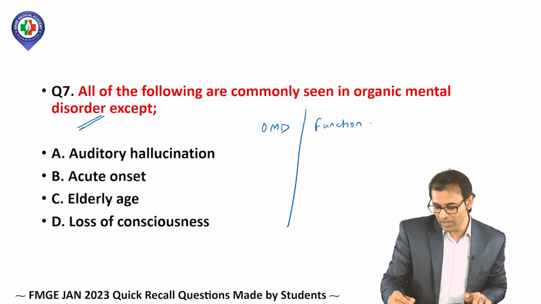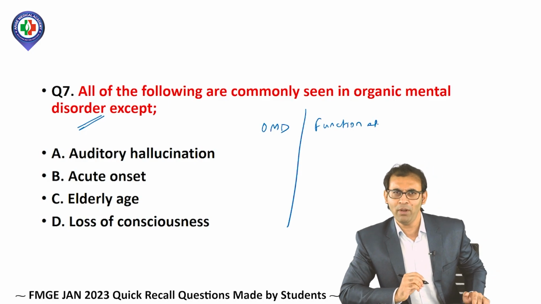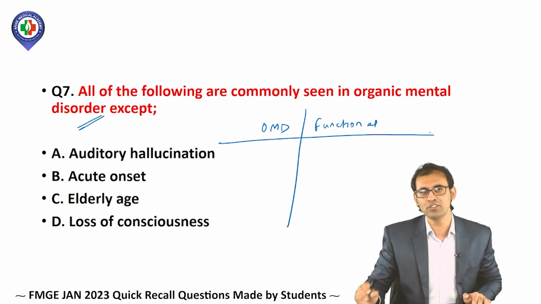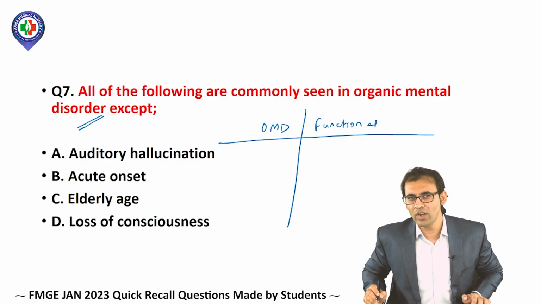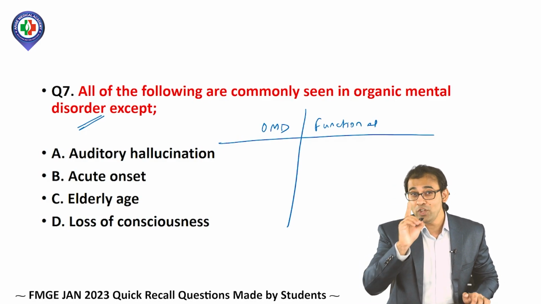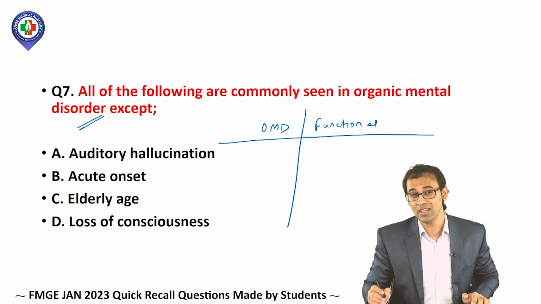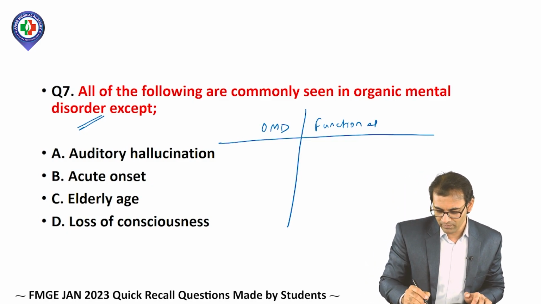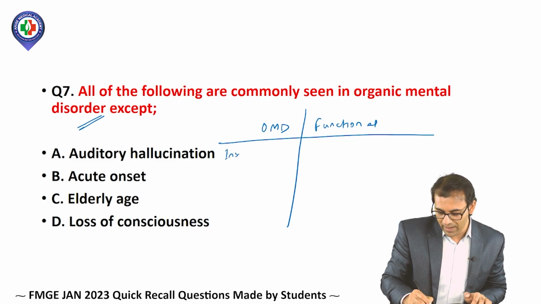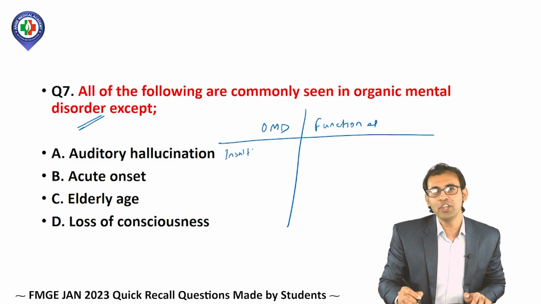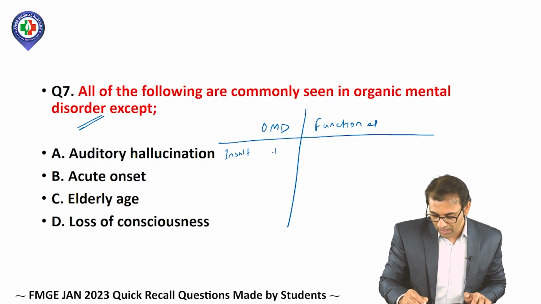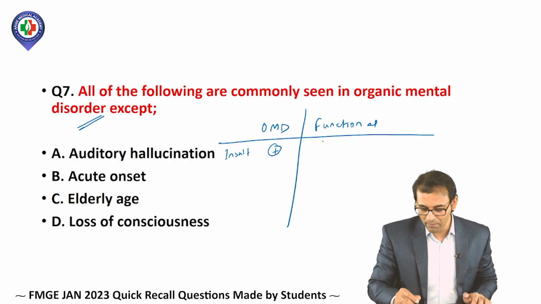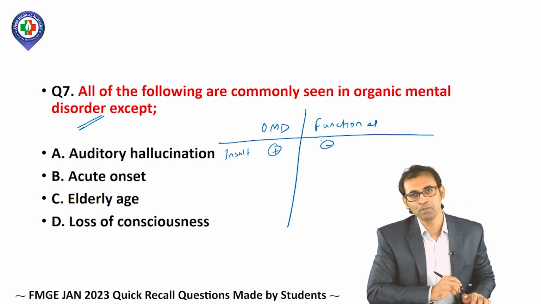First of all, if you do radiological investigation and you can see some changes, if there is some insult of brain parenchyma or changes in brain parenchyma, it will be called organic mental disorder. No damage, functional mental disorder.